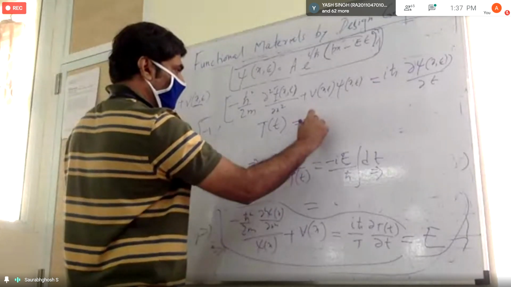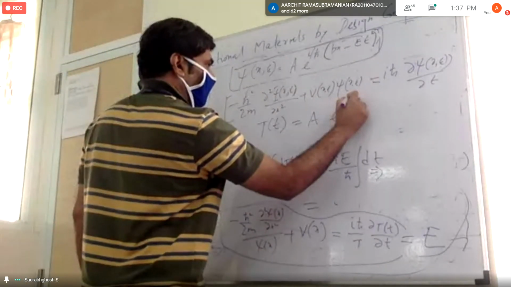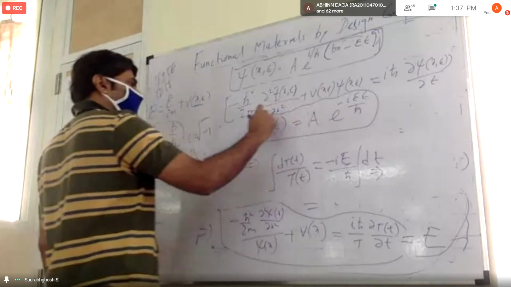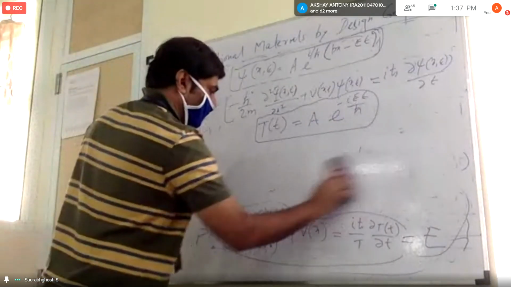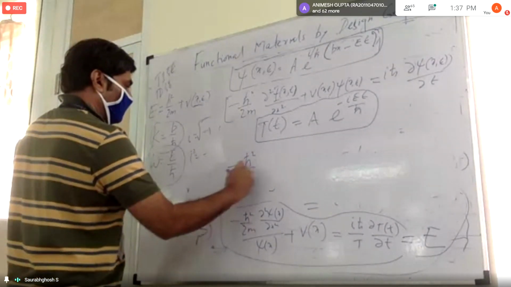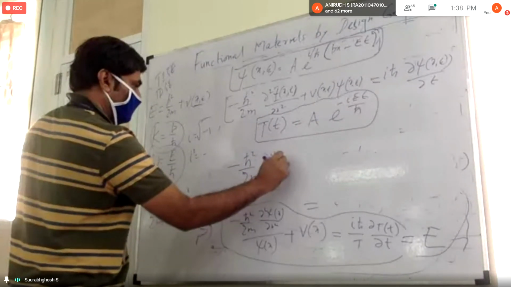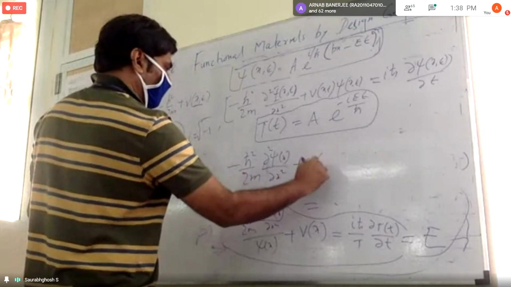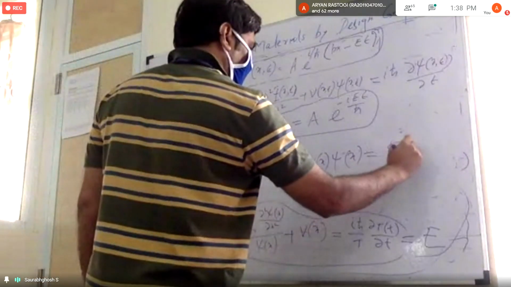So it becomes a constant times e to the power minus i E t by h cut. So this is the solution of the time part. Okay? What remains is the spatial part, which is minus h squared by 2m del squared psi by del x squared plus V of x psi of x is equal to E of psi of x.